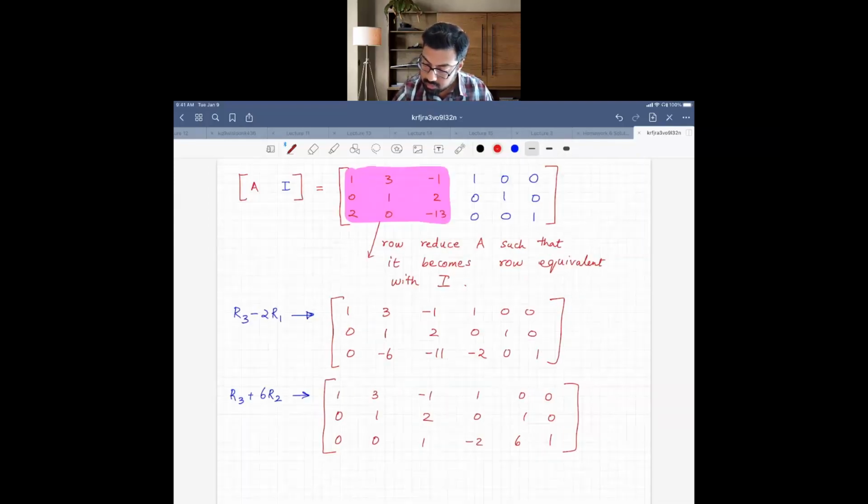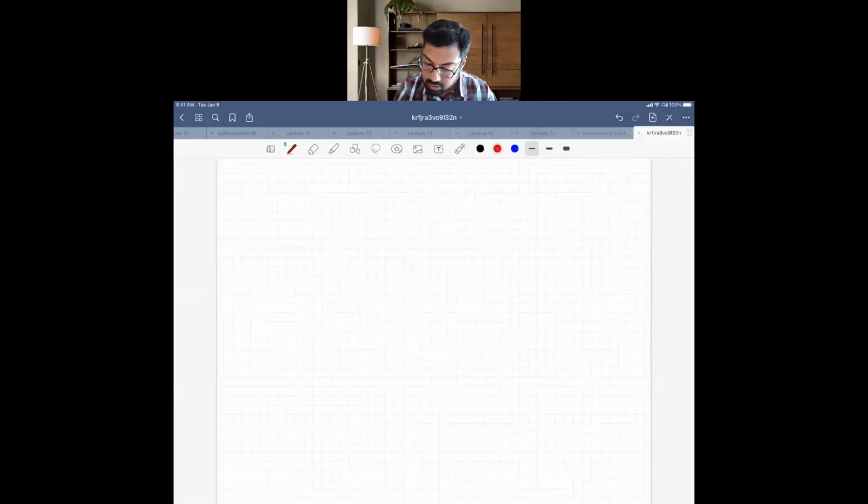Next, I'm going to add a slide here. I'm going to continue that. Next, our row operation will be row 1 plus row 3. I'll also do row 2 minus 2 times row 3.